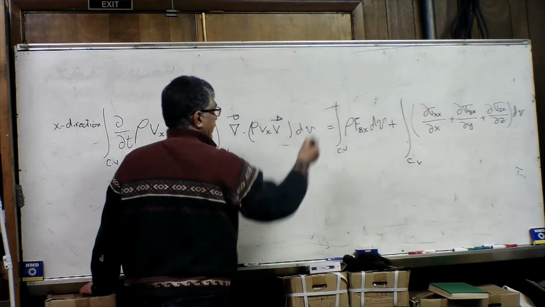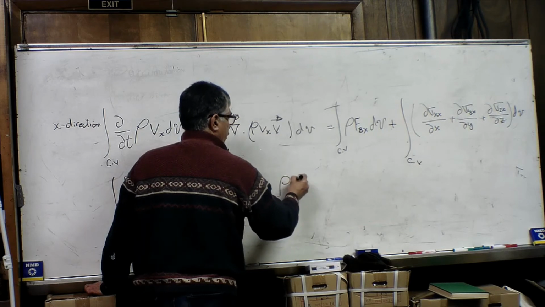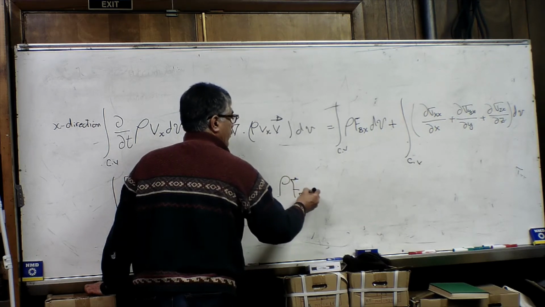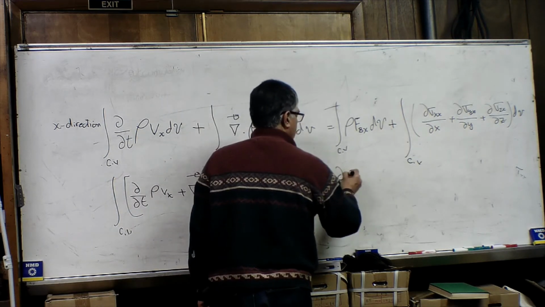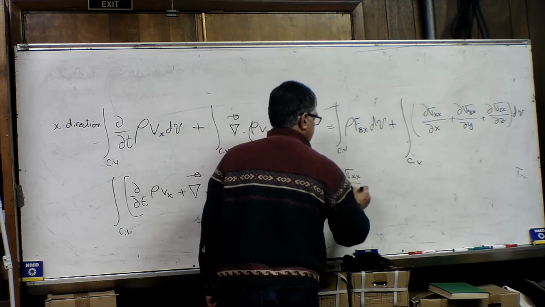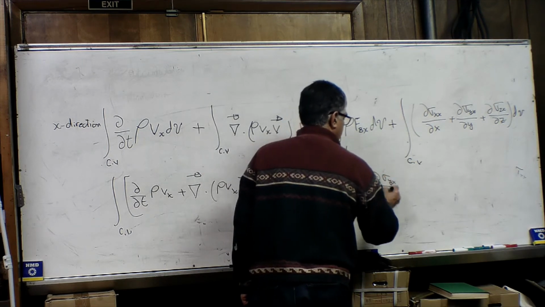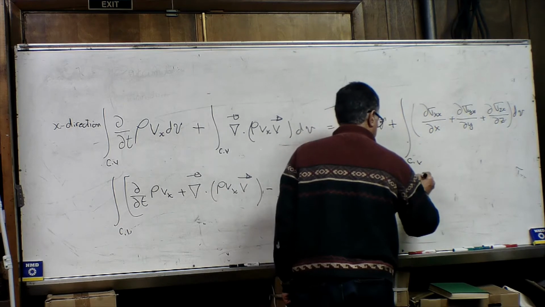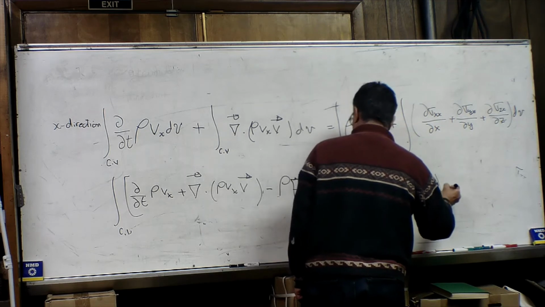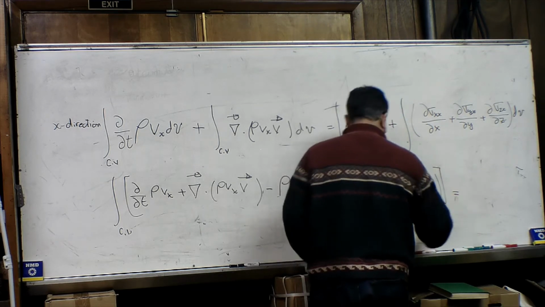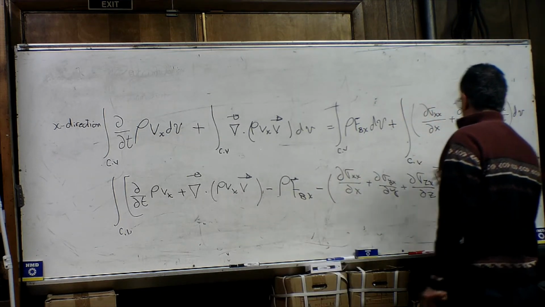Let's bring those to the left side, minus rho times body forces in x direction, minus the partial derivative of sigma xx with respect to x plus the partial derivative of sigma yx with respect to y plus the partial derivative of sigma zx with respect to z, dV, equal to 0.